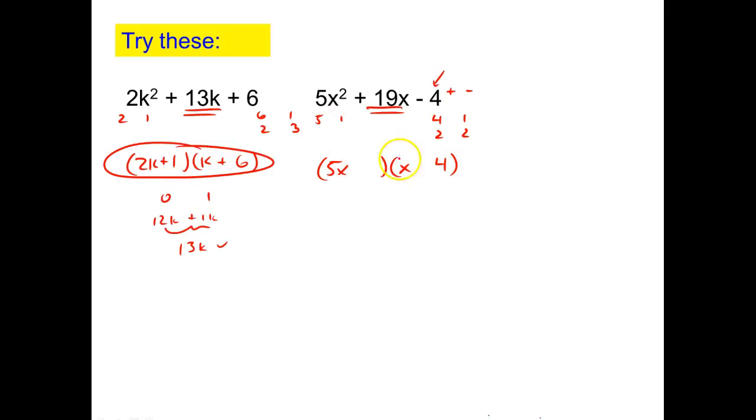Let's put my 1 here. One has to be positive and one has to be negative, and since I want my middle term to be a positive 19, let's make the 4 positive because it's going to be multiplied by the 5. Let's make the 1 negative. 5 times 4 is 20x, negative 1x. Those give me my 19x, so I'm good.